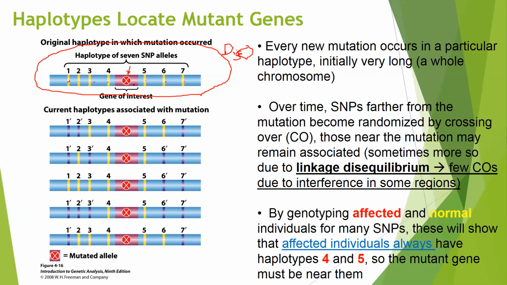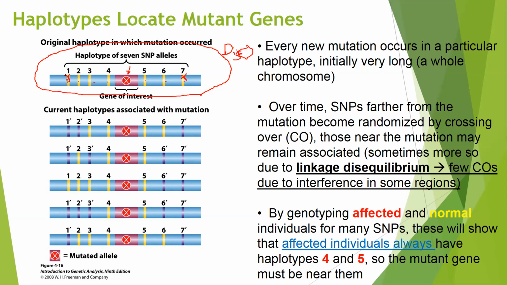However, because marker number 7 is far removed from the gene, generation after generation, when this diseased allele is passed to the next generation and the next, crossing over could occur during meiosis between any of these markers and this gene, right?